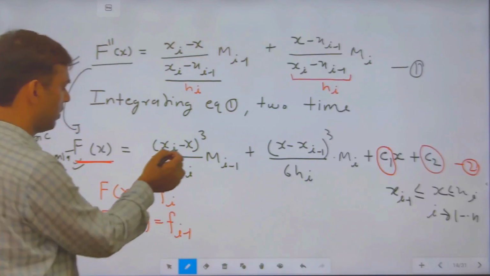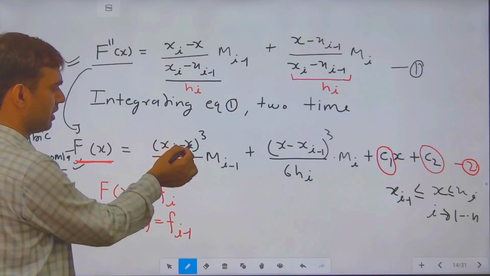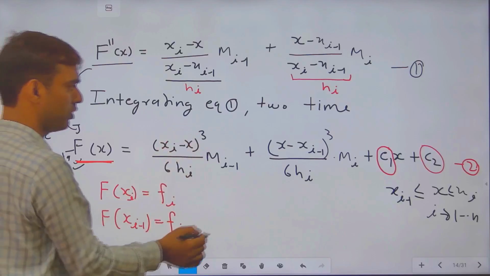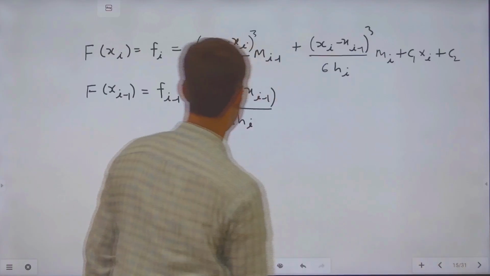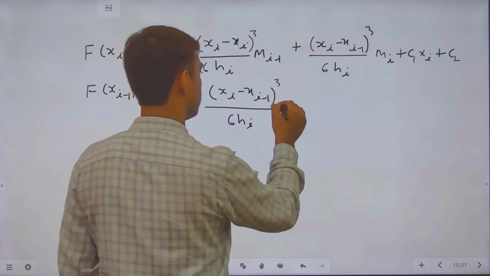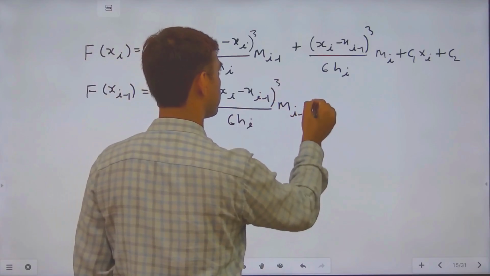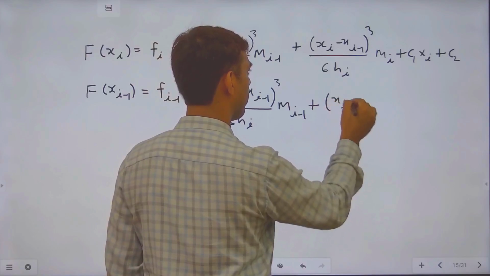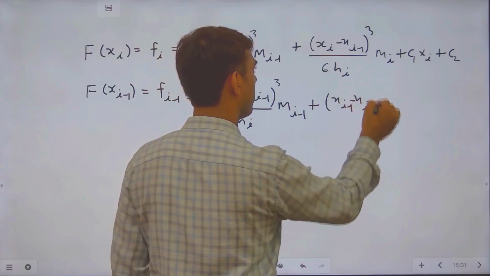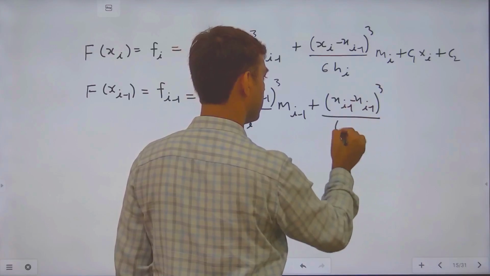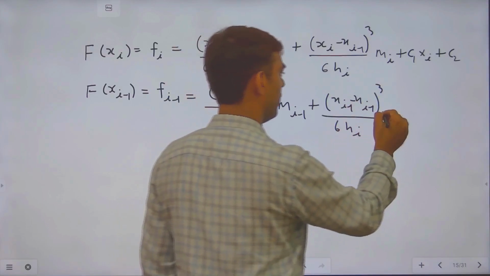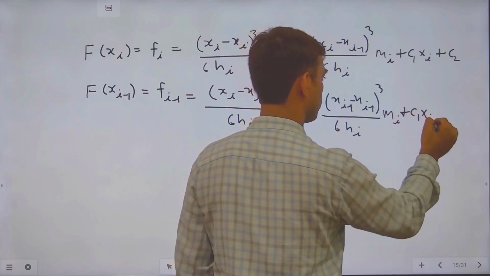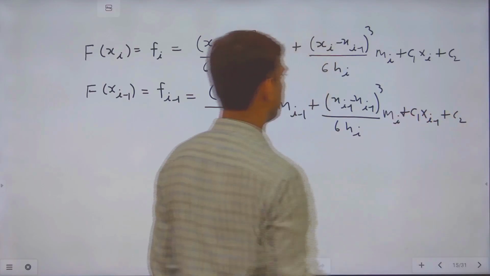Here we put x equal to x_{i-1}, so the first term becomes (x_i minus x_{i-1}) whole cube upon 6h_i times M_{i-1}, and the second term becomes (x_{i-1} minus x_{i-1}) whole cube divided by 6h_i times M_i, plus c1 x_{i-1} plus c2.